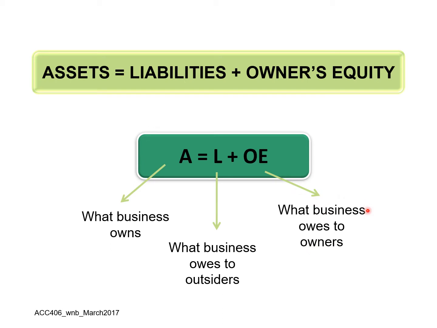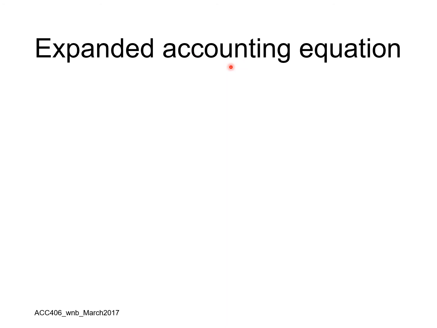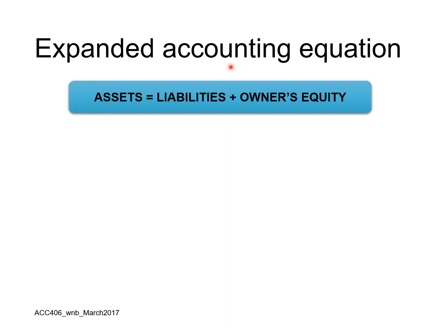So, kita akan move on kepada expanded accounting equation. Untuk this expanded accounting equation, we are going to start with the basic one, okay, which is asset equal to liabilities plus owner's equity. Dan kita akan kembangkan lagi the component of owner's equity ni.